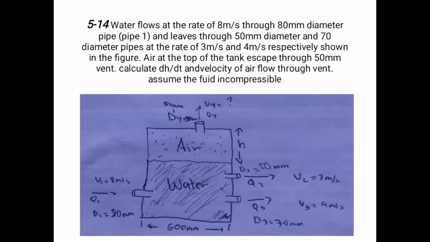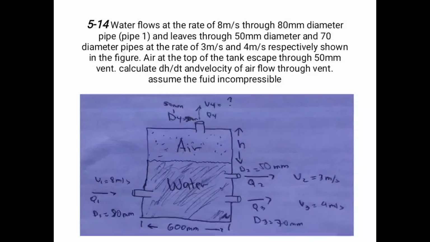So now we have the formula: area 1 times velocity 1 equals area 2 times velocity 2 plus area 3 times velocity 3 plus area 4 times the change of height, or dH/dt.